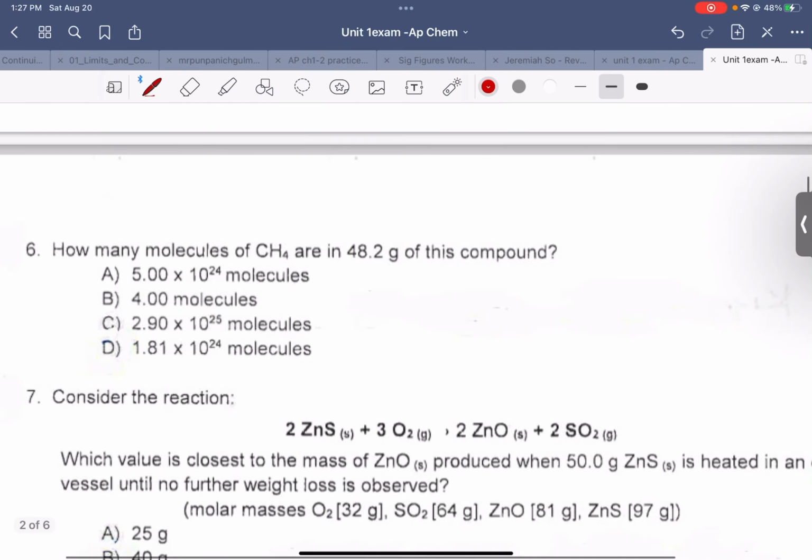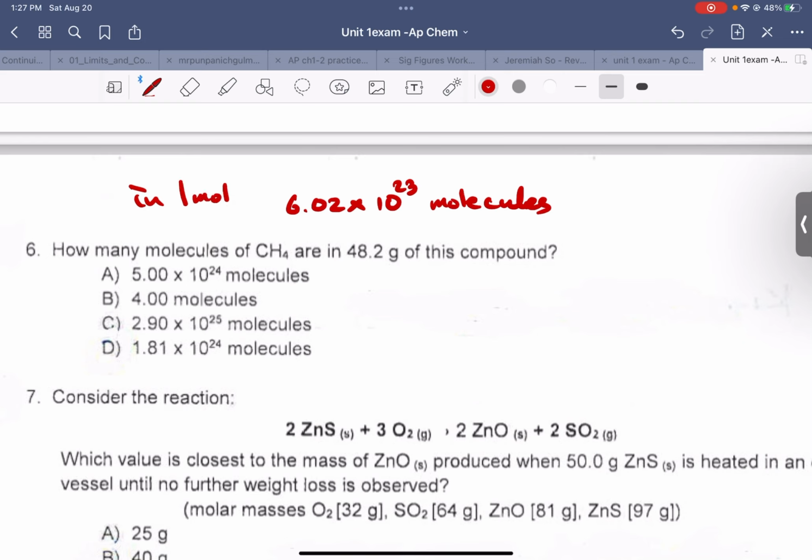Now, next one, number 6. How many molecules of CH4 are in 48.2 gram of this compound? So you need to know Avogadro's number also, which is 6.02 times 10 to the 23 molecules in 1 mole. Okay, that's what we call Avogadro's number. I believe you know that already. Now, how many molecules is CH4?